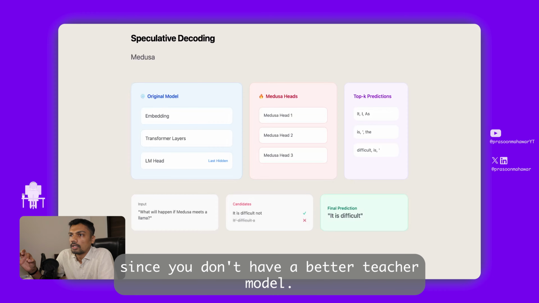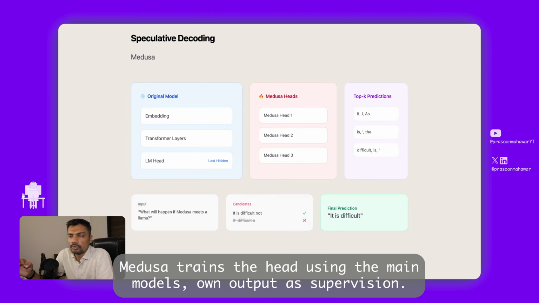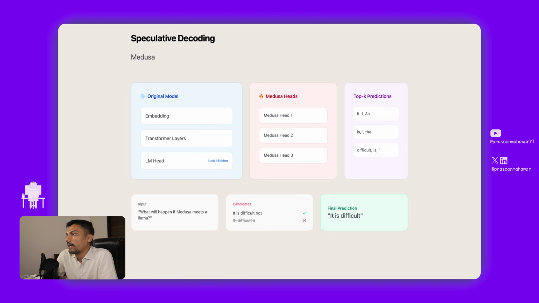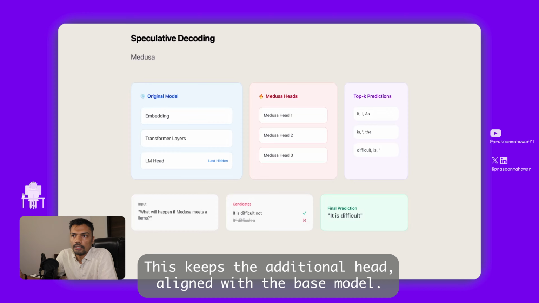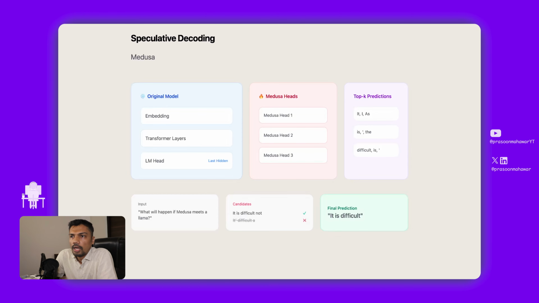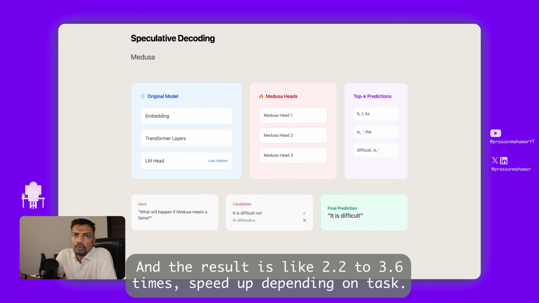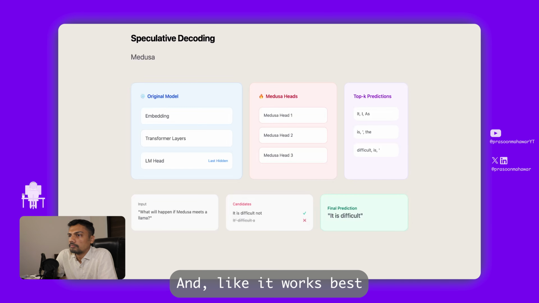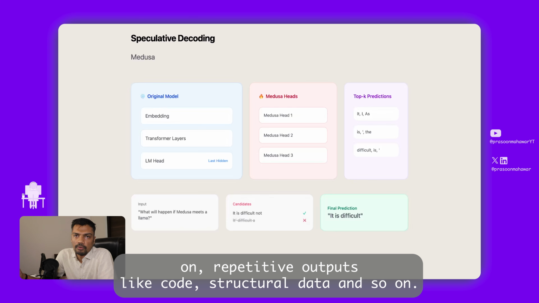Since you don't have a better teacher model, Medusa trains the heads using the main model's own output as supervision. This keeps the additional heads aligned with the base model, and the result is a 2.2 to 3.6 times speedup depending on the task, and it works best on repetitive outputs like code, structured data, and so on.